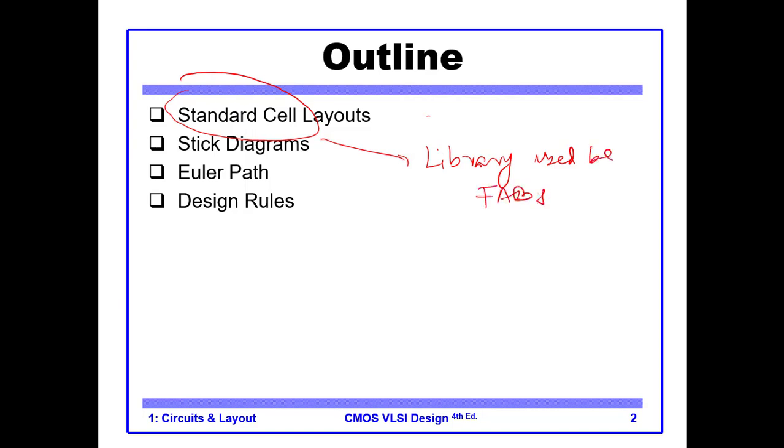So this is something they can do easily. They put all these different kinds of gates in their standard cell library.